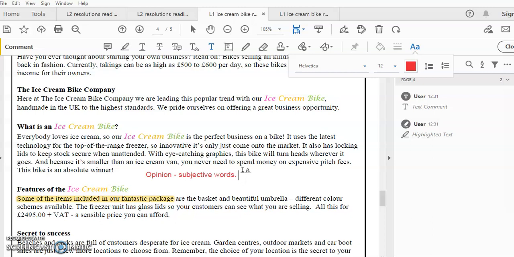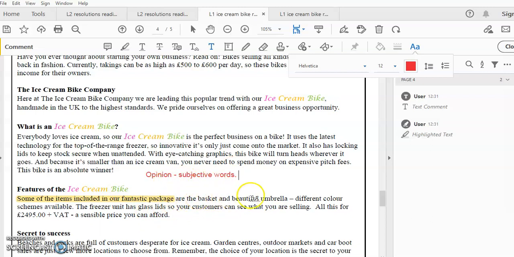If I'm coming to this with a view that I actually do want to buy this bike, I'm probably more likely to consider this as a fantastic package than someone who's just literally thumbing through this advert in a doctor's surgery. Okay? So we're looking for subjective words here. We're looking for words where if you sat down 10 different people, they might have a different take on what fantastic package, for instance, might be. So fantastic package, that could be one of our opinions.